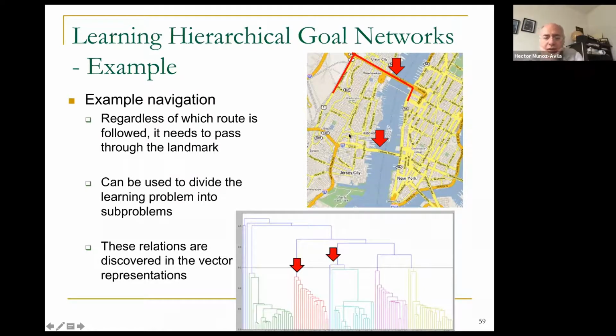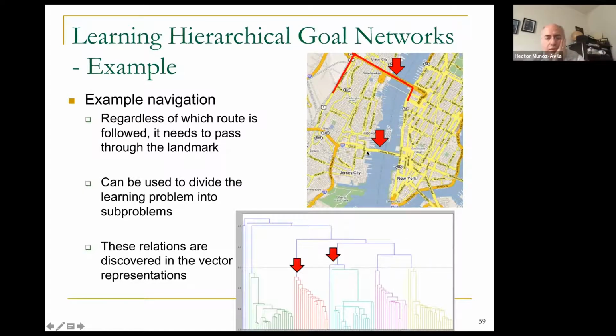Those of us who have been there know that if you are in some location in Jersey City, you have two ways to go to Manhattan. Either you take the Holland Tunnel or you take the Lincoln Tunnel. You can take a ferry too, but I mean with your car. But most people will do either of these two if they're in this area.